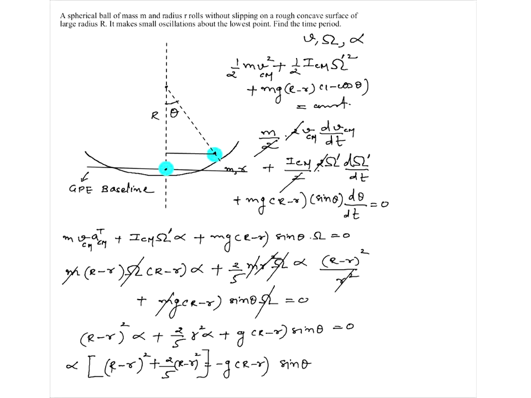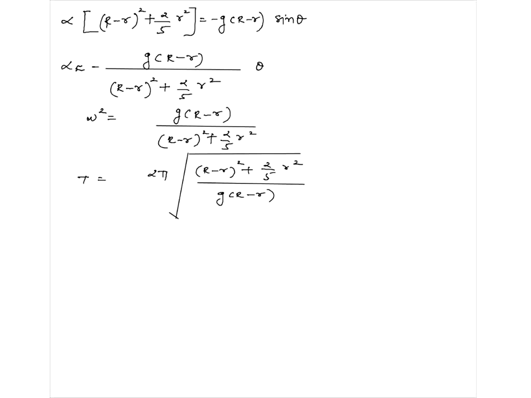And then 7 by 5 it will become. 7 by 5, this will go. 7 by 5, that will go. 7 by 5, that will go.